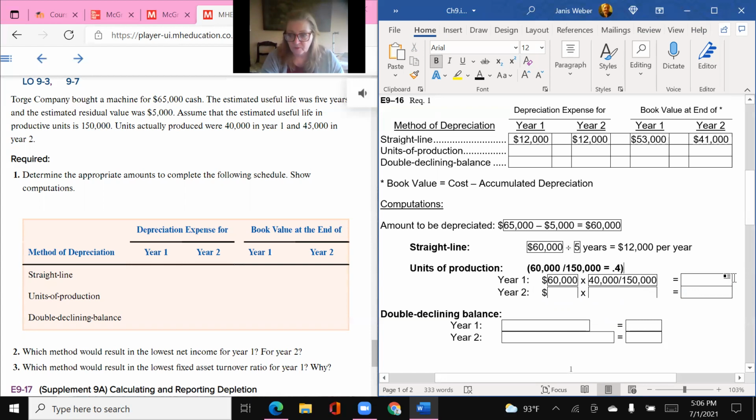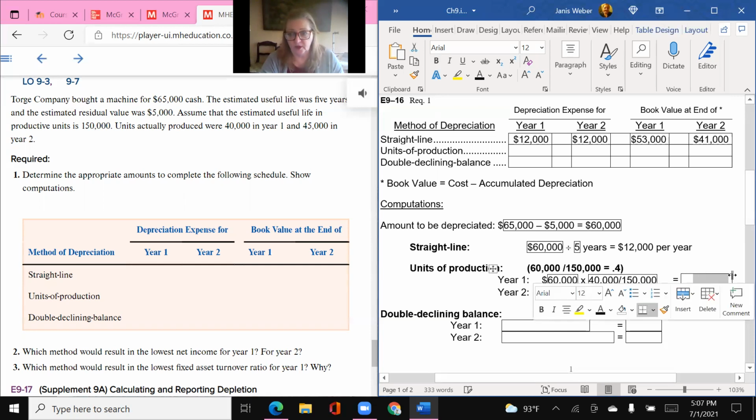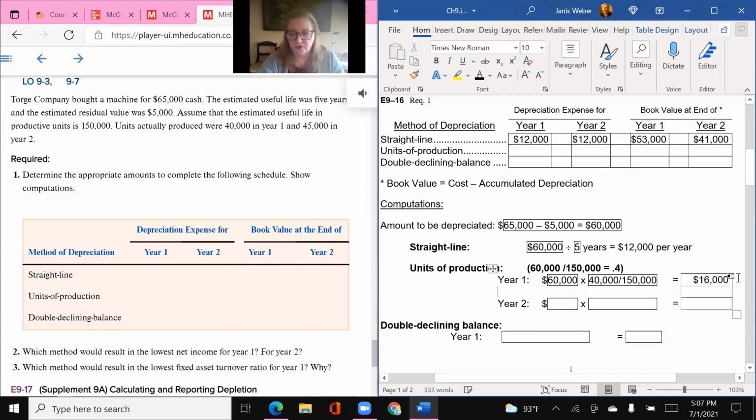So what they did was take 60,000, which is the depreciable cost, times 40,000 divided by 150,000, which is the same thing that we're going to get when we do it my way: 16,000. So at 40 cents a piece, you could still do it my way by saying the depreciation cost per productive unit is 40 cents.